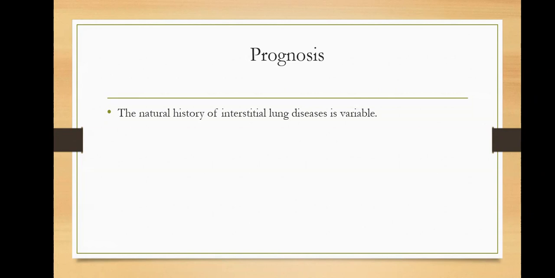Early recognition of idiopathic pulmonary fibrosis, for example, is very important for directing patient management and predicting prognosis. So a patient with idiopathic pulmonary fibrosis is detected early when the patient has only 2% fibrosis of the lung, not like the patient who is having dyspnea at rest, right?